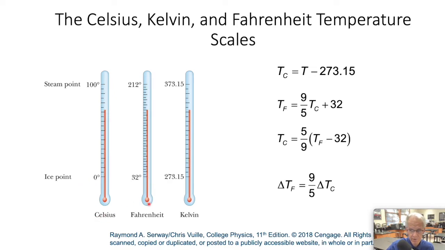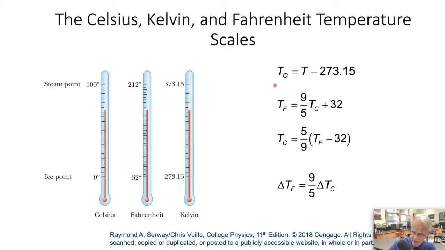That's 32 degrees Fahrenheit, or 273.15 degrees Kelvin. Water boils at 100 degrees Celsius, or 212 degrees Fahrenheit, or we just add 273 to 100 and we get 373.15 degrees Kelvin.